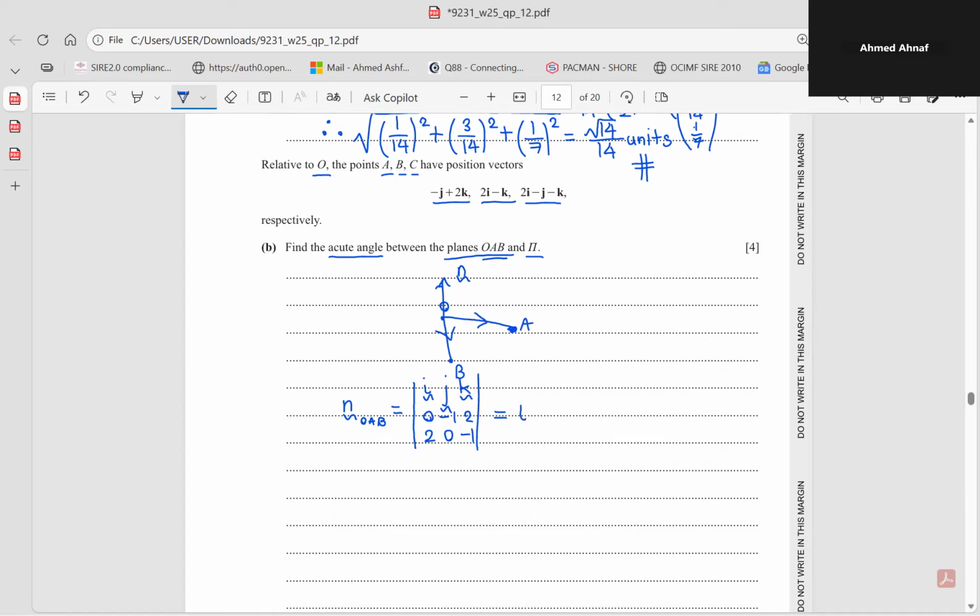But if you don't have the calculator, you just do it the same way you find the determinant of a 3 by 3 matrix. So you would take the i determinant, minus j, so 0, 2, 2, negative 1. And you do the same for k, 0, negative 1, 2, 0.